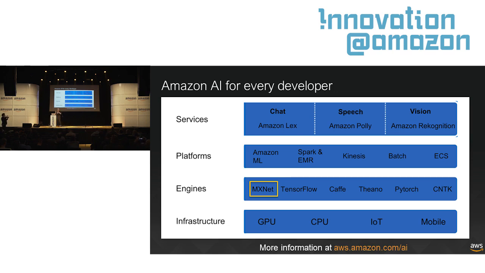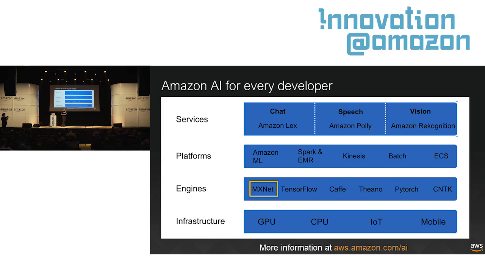On top of this, we have a managed service layer that will basically simplify infrastructure management for you. We have Amazon Machine Learning that lets you build and use prediction models very easily, zero infrastructure to manage.